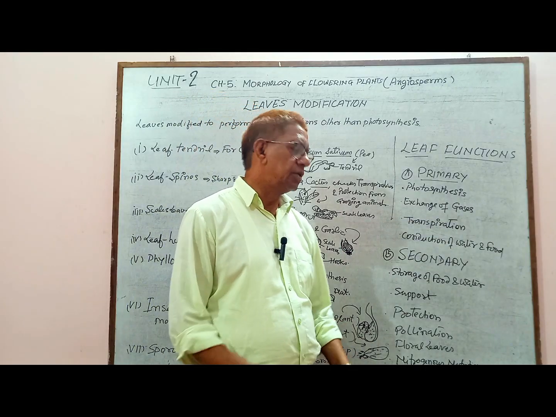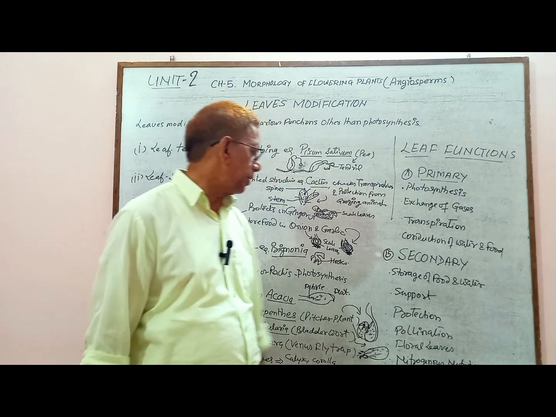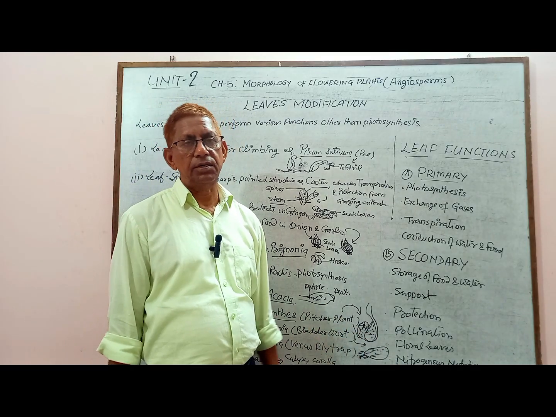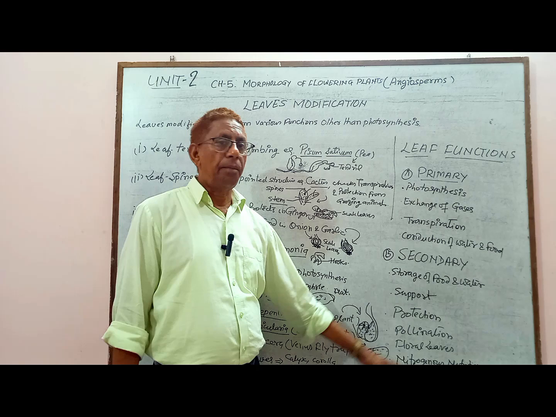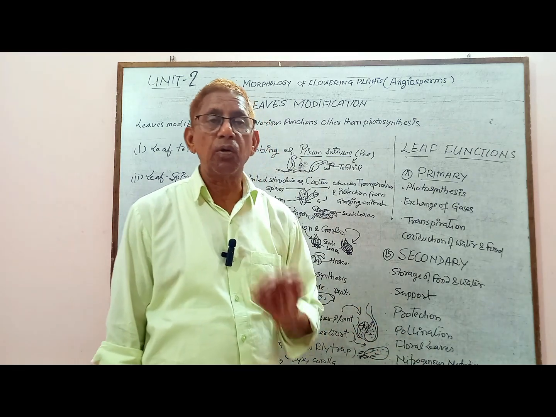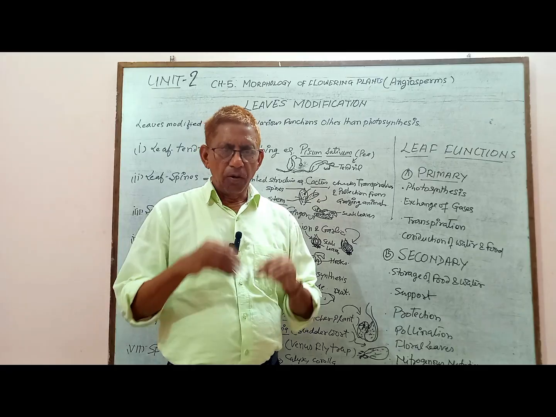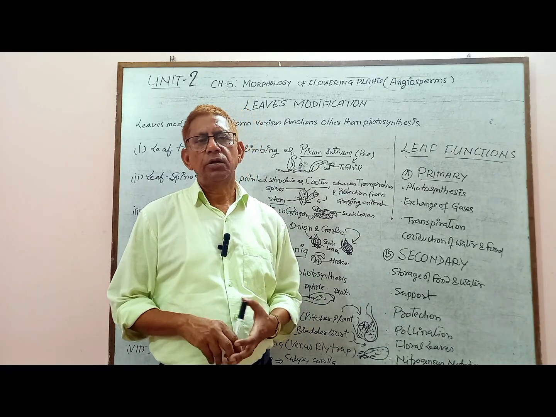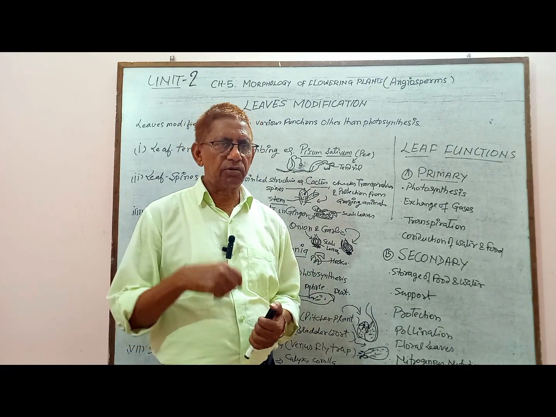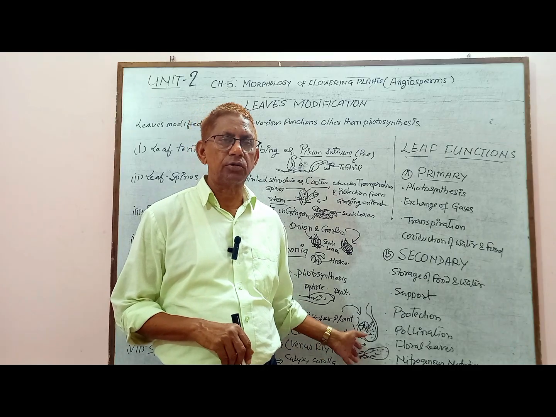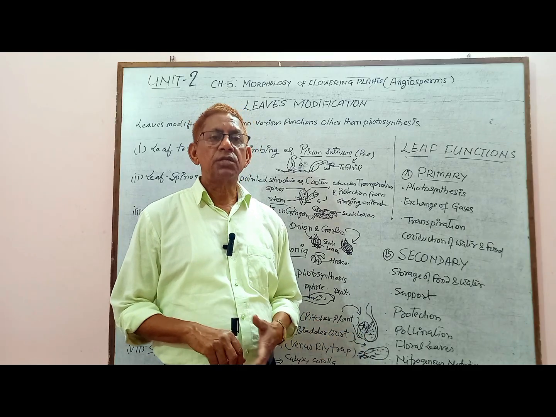Then there is nitrogenous nutrition, as we have already discussed. What does it mean? Here the leaves are responsible for providing nitrogen components. How leaves provide nitrogen components, we have also discussed in the case of insectivorous plants.